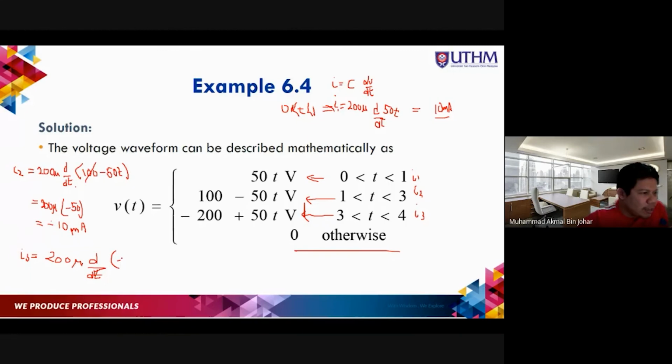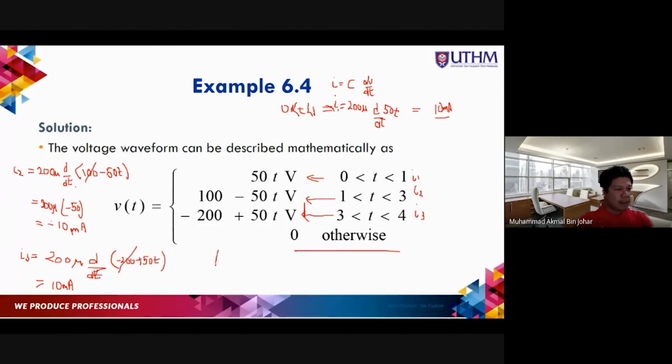So negatif 200 you bezakan terhadap plus 50T. So akhirnya you akan dapat 200 kali 50, you akan dapat 10 mili ampere. Okay.